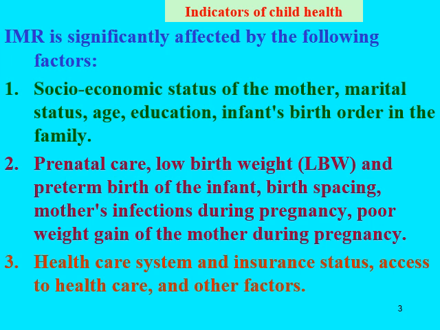In fact, 66%, or maybe 70 to 80%, of infant mortalities are due to low birth weight and preterm birth. Other factors: birth spacing, the mother's infections during pregnancy, and poor weight gain of the mother during pregnancy. Healthcare systems and insurance status are also related.